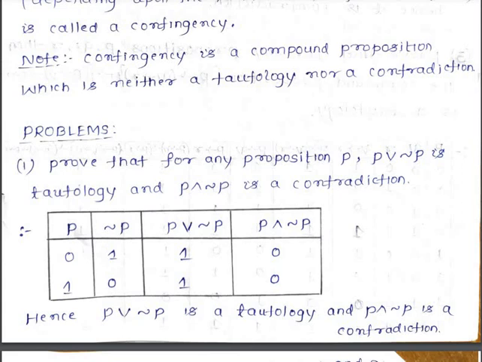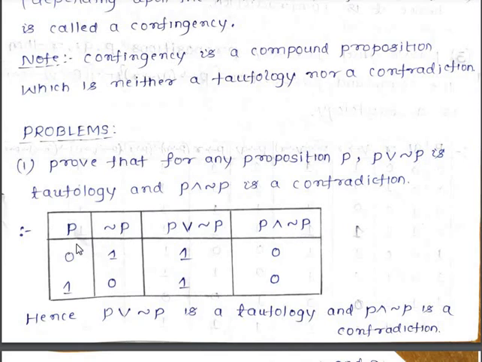Now let us see the first problem. Prove that for any proposition P, P or negation P is a tautology and P and negation P is a contradiction. We have to prove that P or negation P is a tautology and P and negation P is a contradiction.